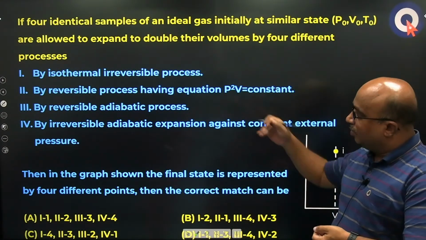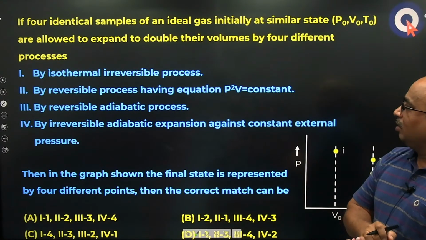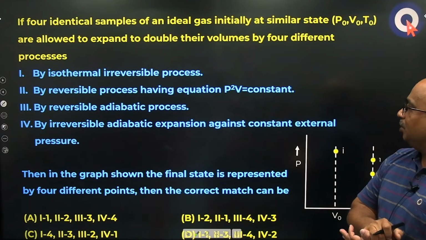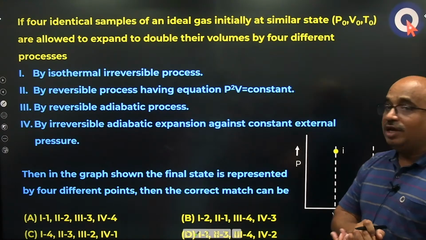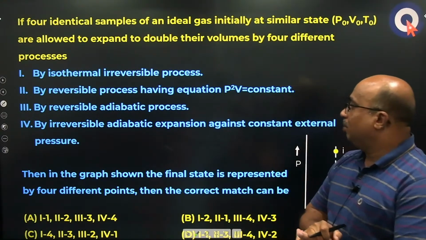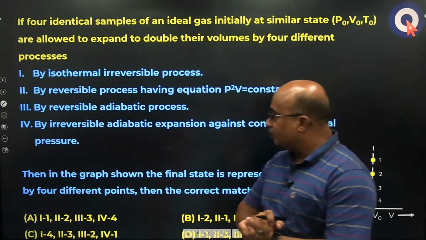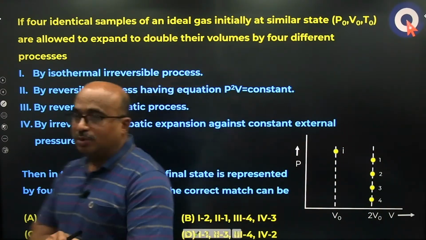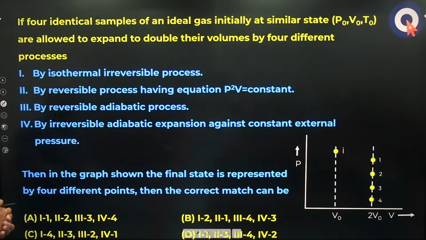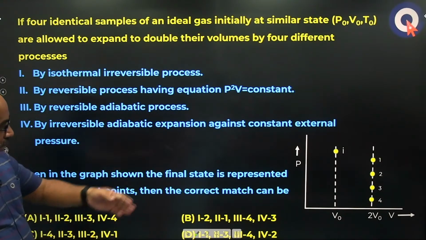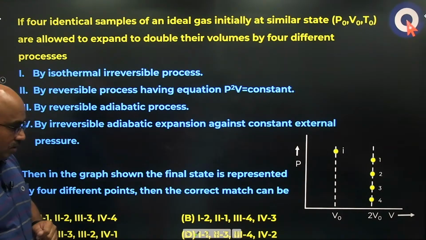So here the processes are defined: by isothermal irreversible process, by a reversible process having equation P squared into V is constant, by reversible adiabatic process, by irreversible adiabatic expansion against a constant external pressure. Then which one will correspond to them? Clear?